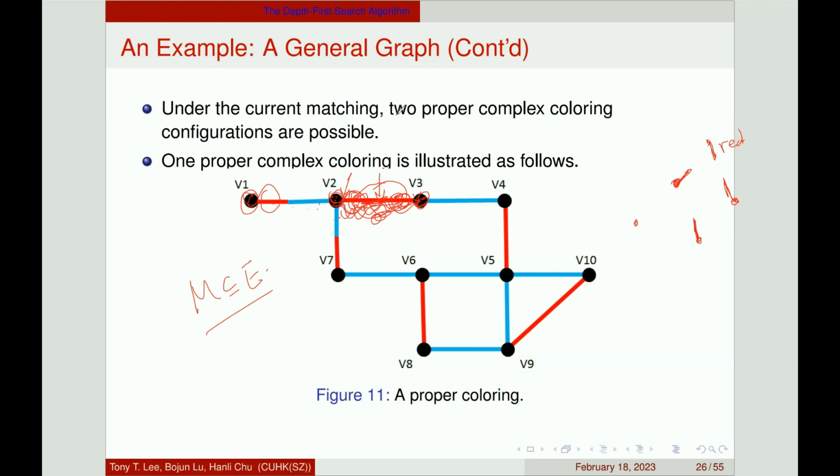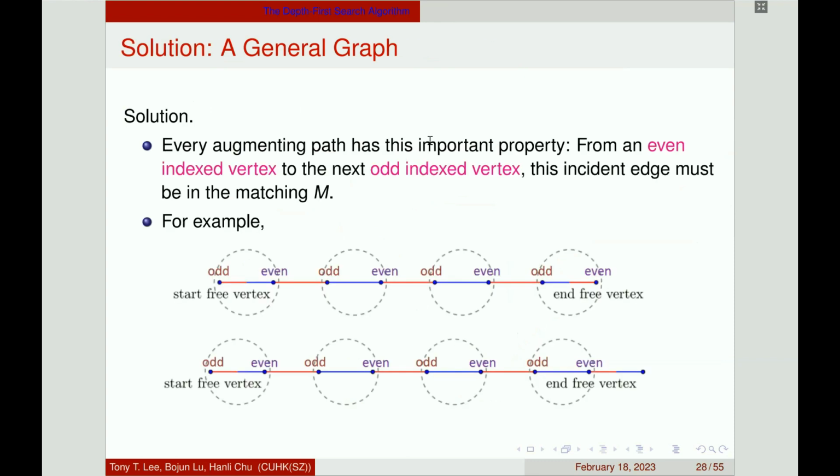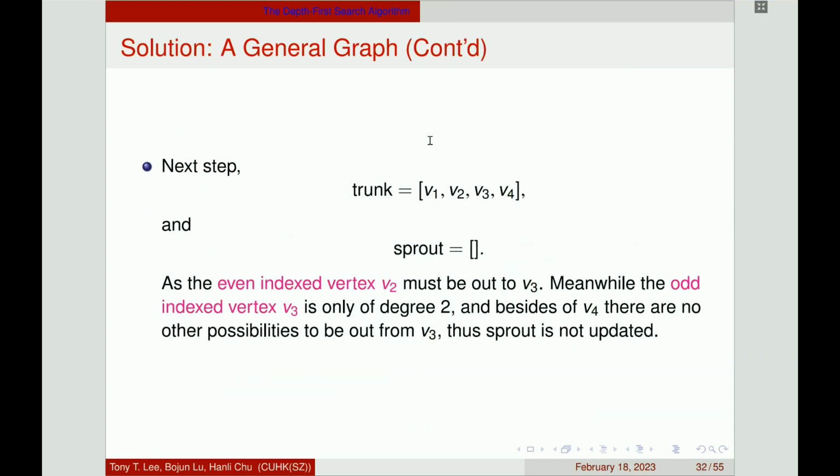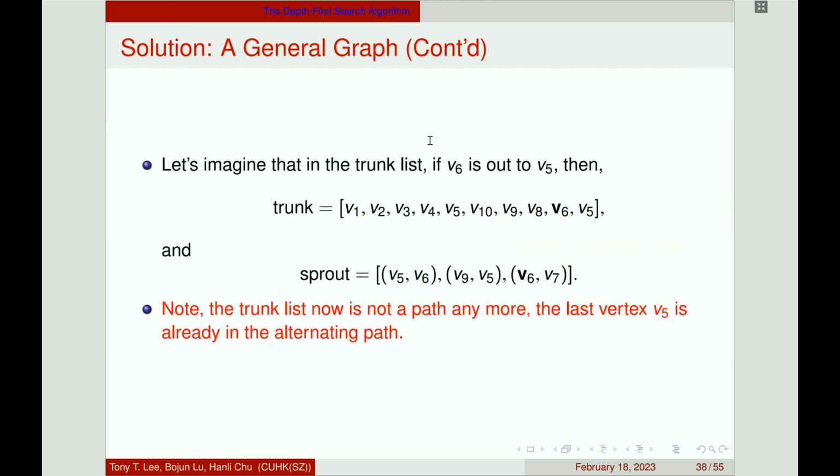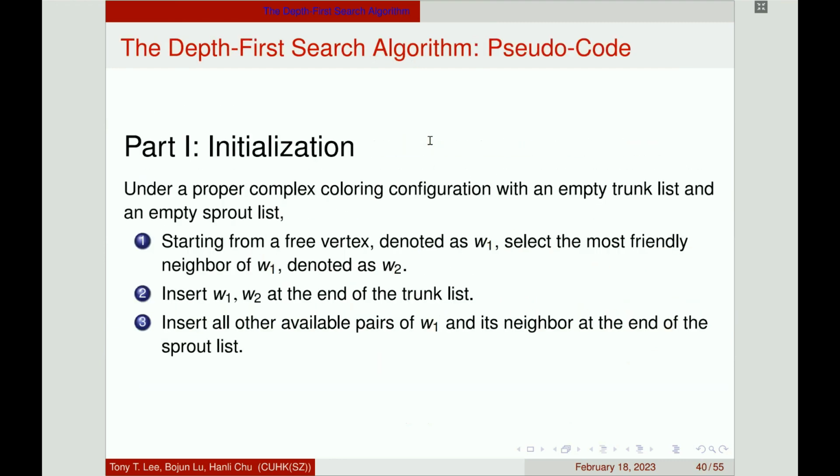So just 3 more minutes, and then you could see I highlight and show you the initialization. We have included planar examples in detail in our technical paper. So the initialization of our searching is that we propose a coloring configuration to our graph.